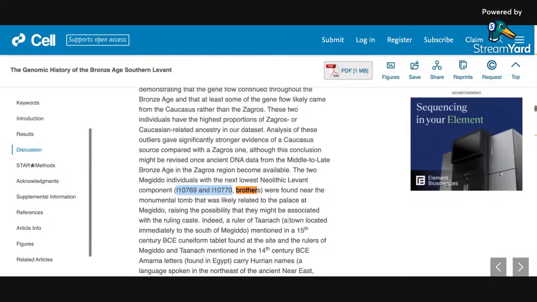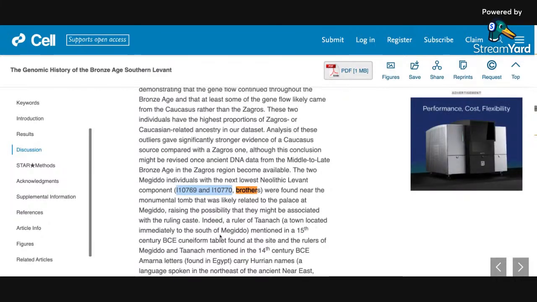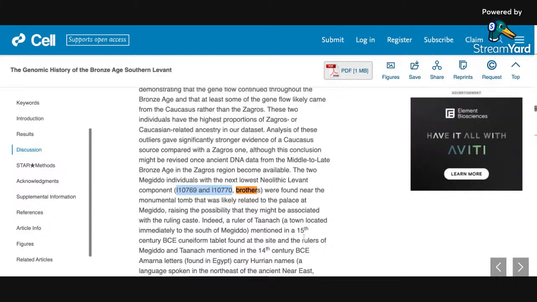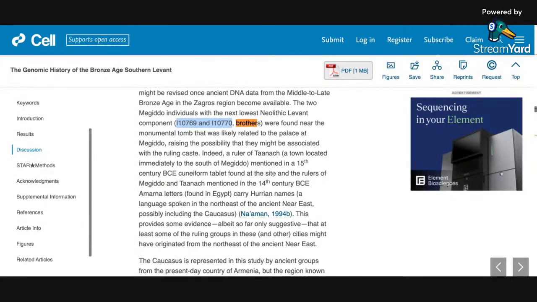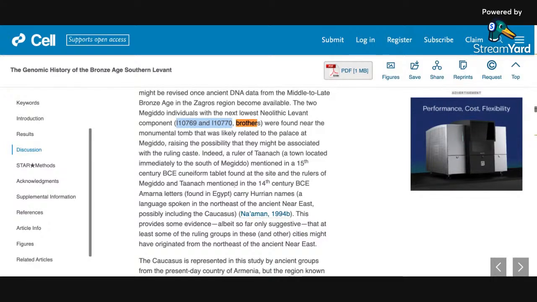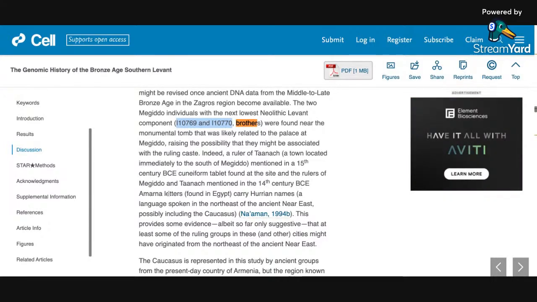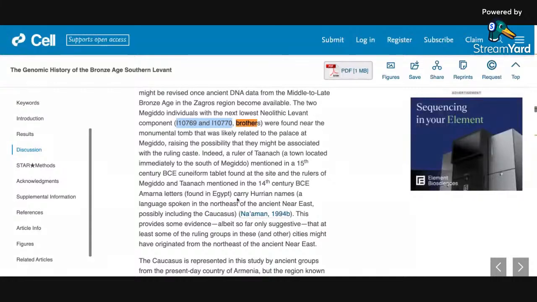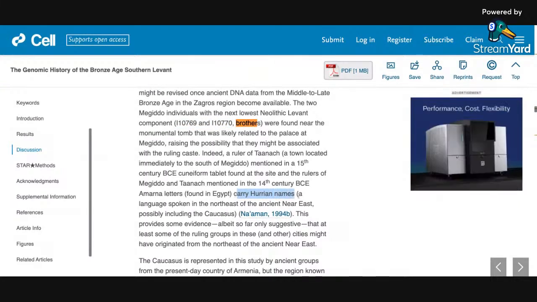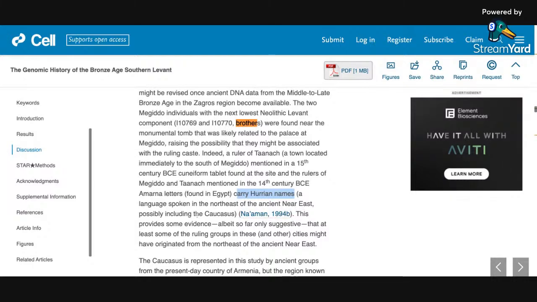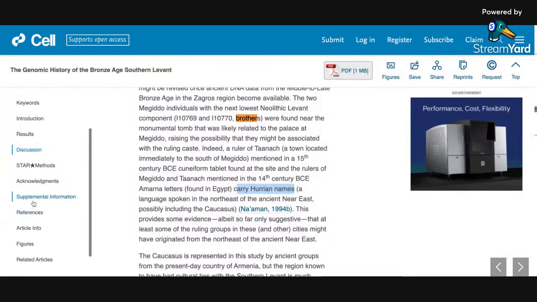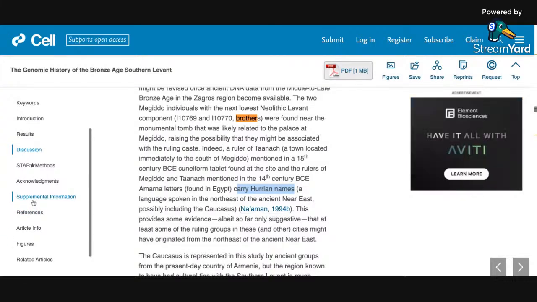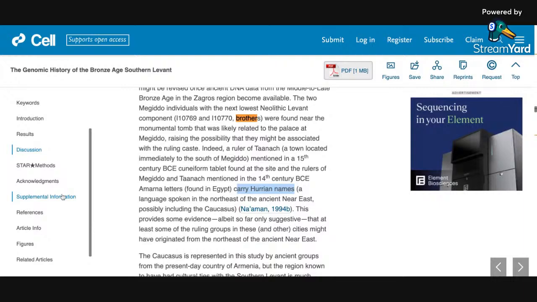Indeed, a ruler of Taanach, a town located immediately to the south of Megiddo, mentioned in a 15th century BCE cuneiform tablet found at the site, and the rulers of Megiddo and Taanach mentioned in the 14th century BCE Amarna letters found in Egypt, carry Hurrian names, a language spoken in the northeast of the ancient Near East, possibly including the Caucasus. So with that, I'm going to go ahead and press supplemental information because we need to find out who these brothers are.